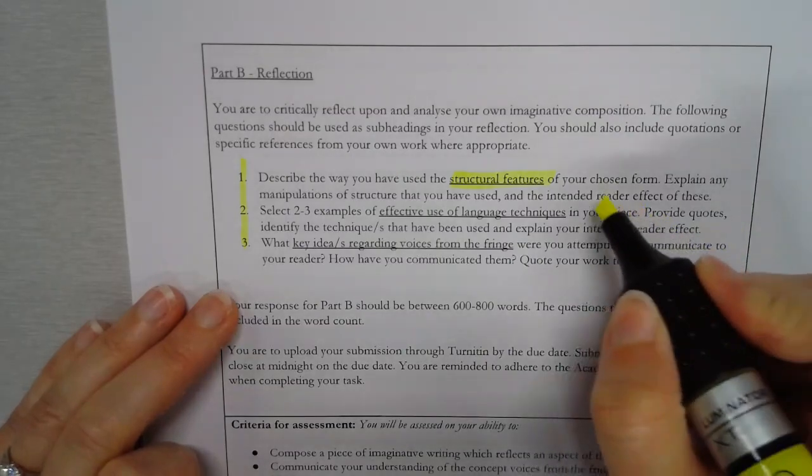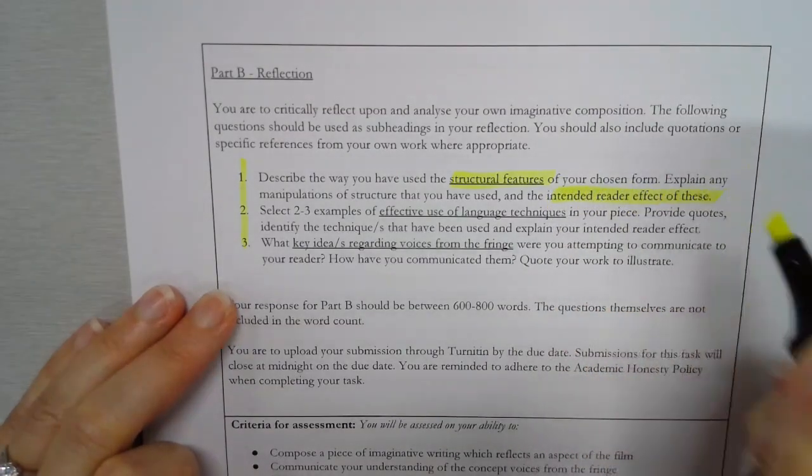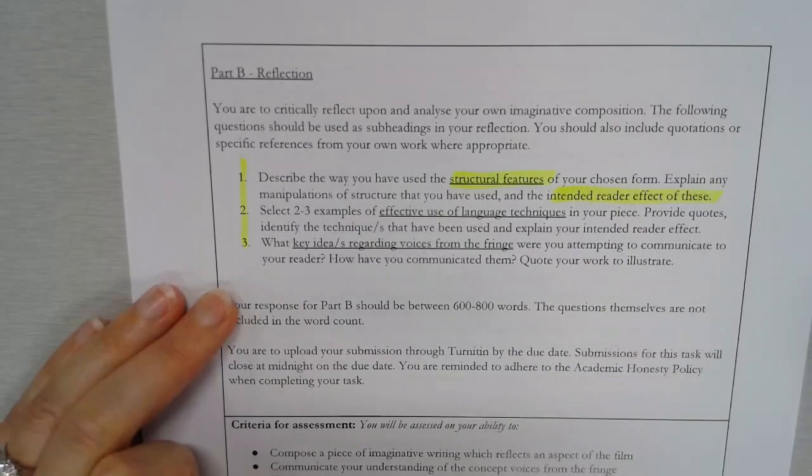So thinking about also the effect of these. So those structural manipulations that you may have employed, like flashbacks or flash forwards or whatever it might be, what reason have you chosen to do those things?